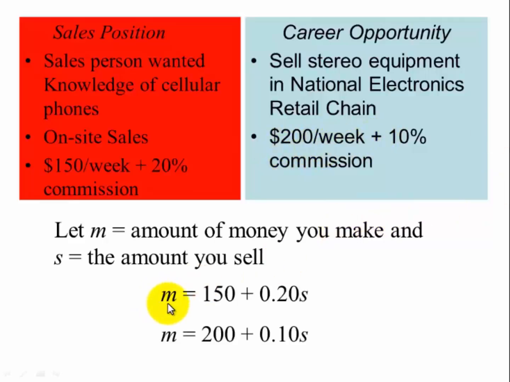So for the cell phone, we have M equals 150 plus 0.20 or 20% times S, the amount of sales. And for the stereo equipment, we have M equals 200 plus 0.10, which is 10% times S. I'm going to solve this by elimination. I'm going to multiply the second equation by -1, and this will cancel out the M's.